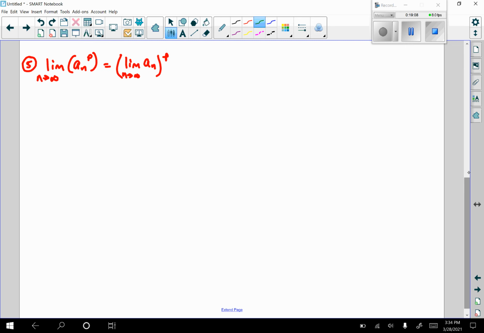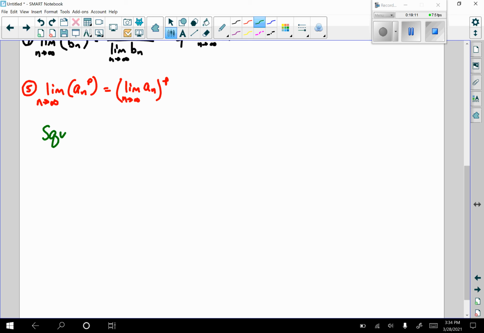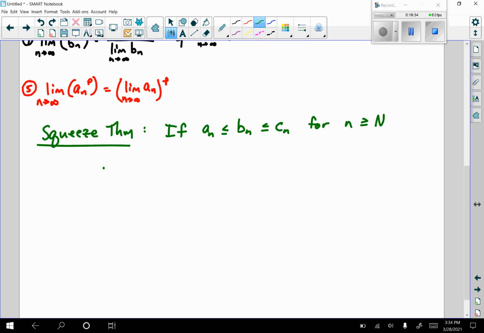Now there's also an extra little theorem here called the squeeze theorem. And this says if we have a sequence that fits between two others, so if b sub n is in between a sub n and c sub n, for all integers greater than or equal to some given integer here, and the limit of a sub n as n approaches infinity is equal to the limit of c sub n, and that equals L. And if b sub n is in between that, then it has to meet that same limit as well.